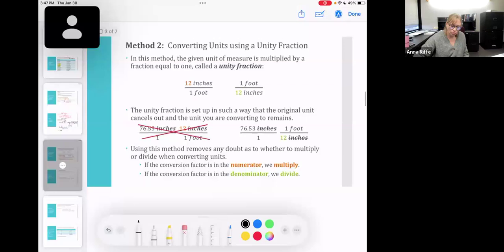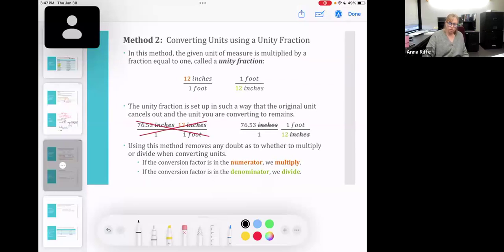Method 2 involves converting units using what is called a unity fraction, which I think someone asked about very first class. So here it is. When we are converting units using a unity fraction, we can begin by looking at our conversion chart.